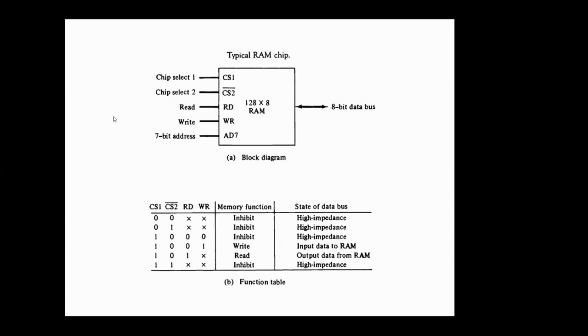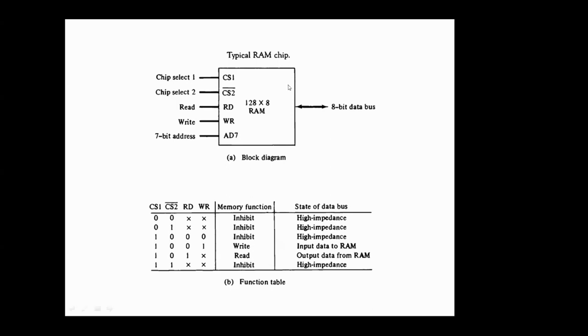This 8 we usually call a word, because this is the size of one row. So we say the word length here is 8, which means that at a time 8 bits can be transferred to and fro from the RAM.